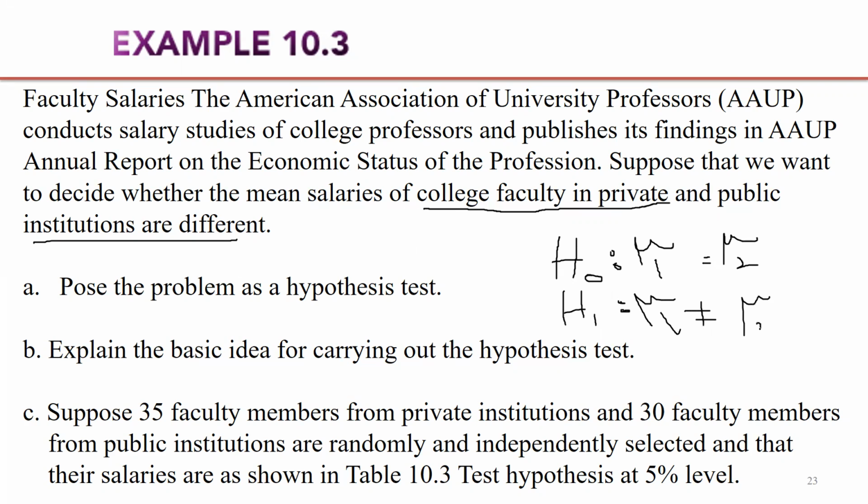So we first have to look at whether the two samples or the two populations we have are independent populations, or dependent populations, or the same population. Clearly, private teachers are separate, and teachers who are teaching in public institutions are entirely different.